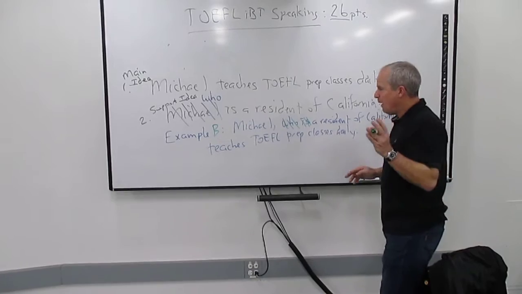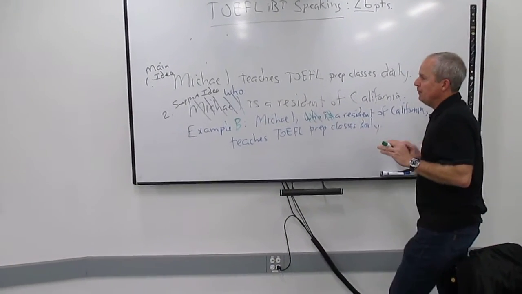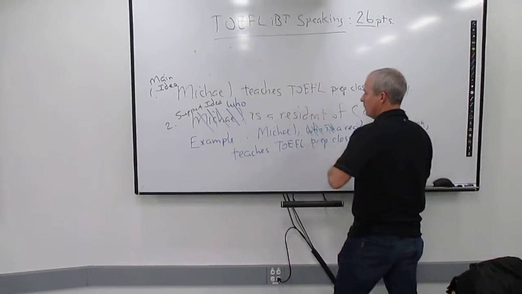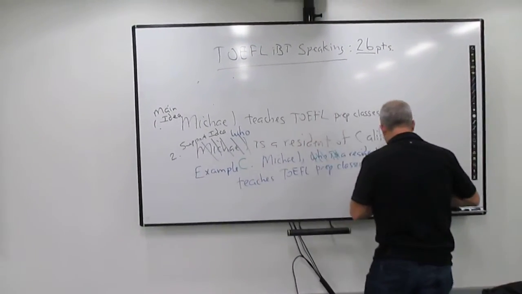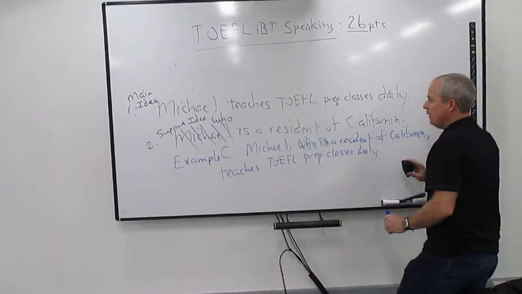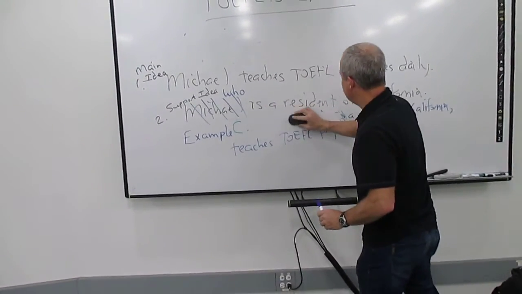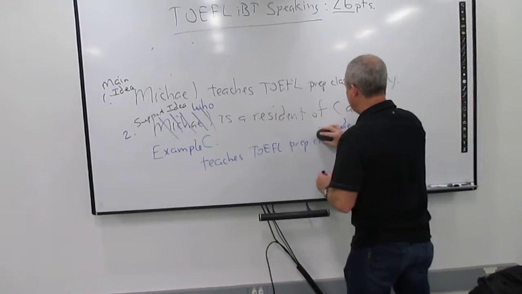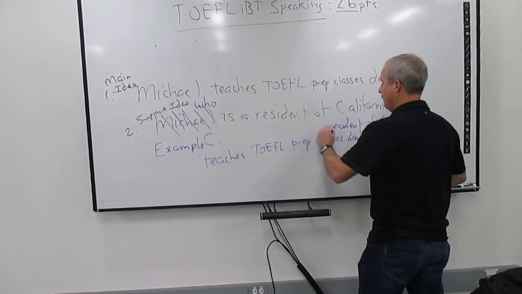Now, the last example I want to show you, I'm going to call it example C. I'm going to make some slight changes to the sentence, so pay attention. So in this case, I'm going to get rid of Michael here, and I'm going to start the sentence with a resident.